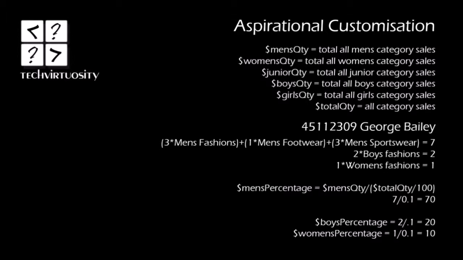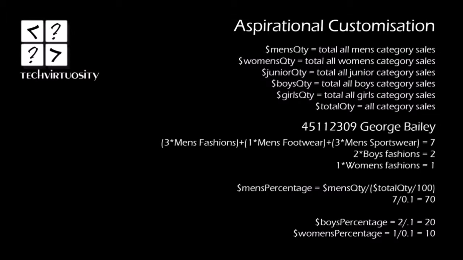So the total of the $men's QTY variable is going to be 7. Then we know there were 2 sales in boys fashion, so the boys quantity variable is going to be equal to 2, and we know there was 1 sale in women's fashion, so there'll be a total of 1 in women's quantity.